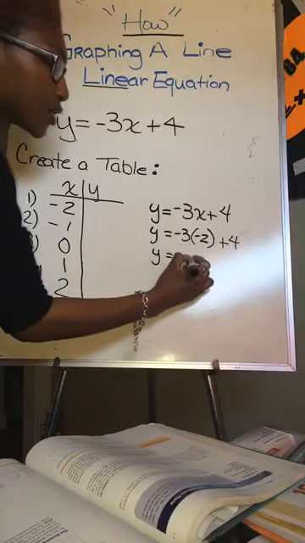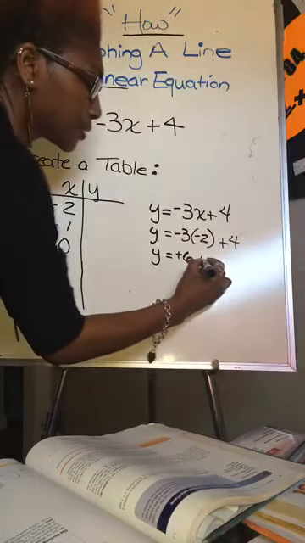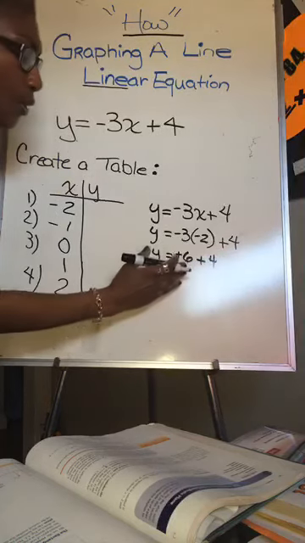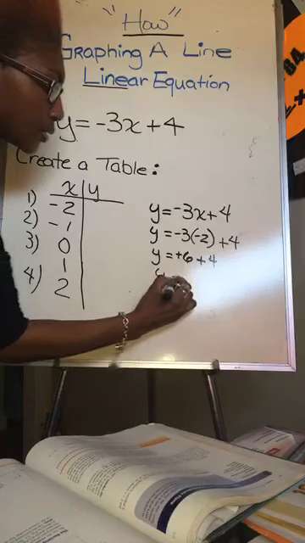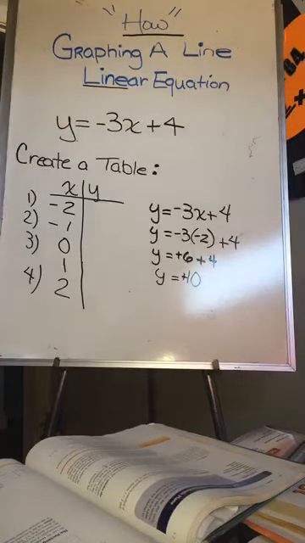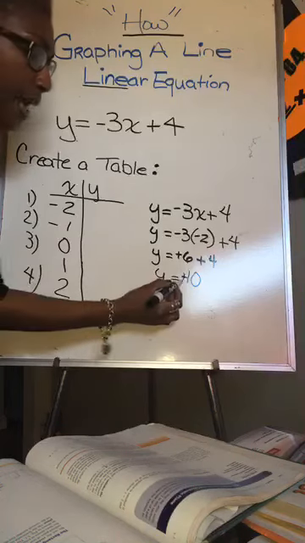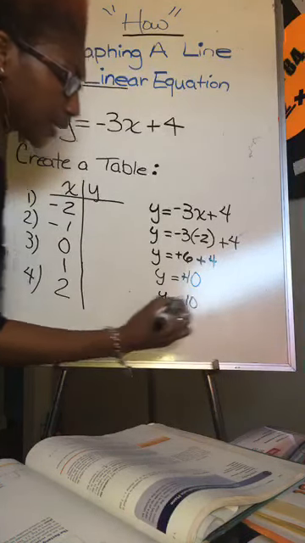So 3 times 2 is 6, a positive 6. Bring down your plus and your 4. So 6 plus 4 is equal to a positive 10. But in the book, you would not see that positive there, so we're just going to drop the symbol and put 10.